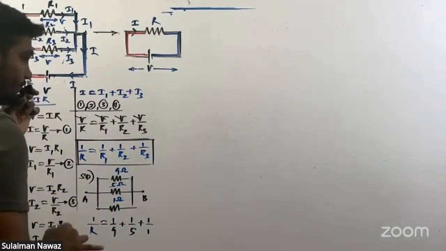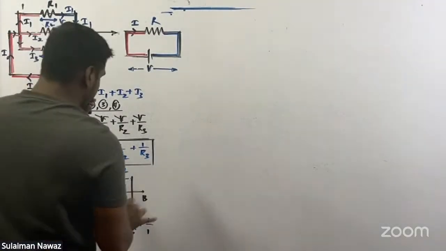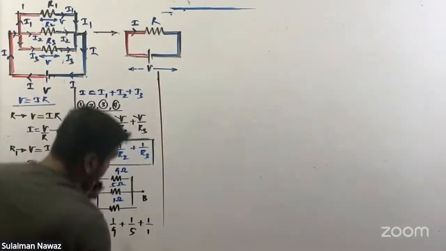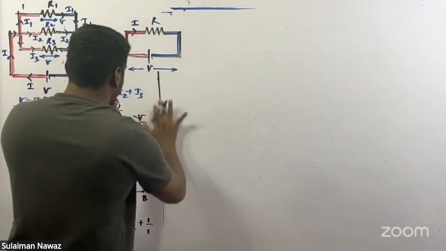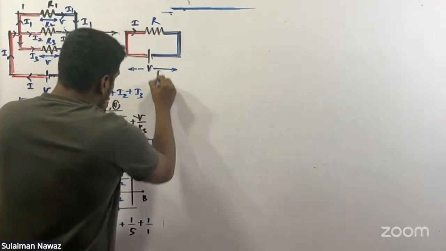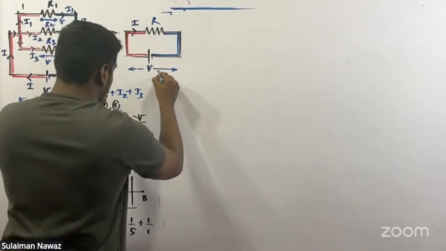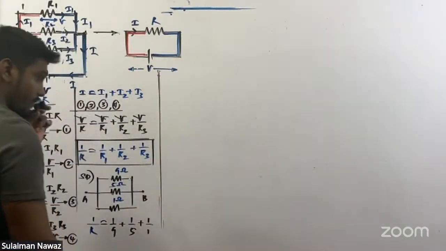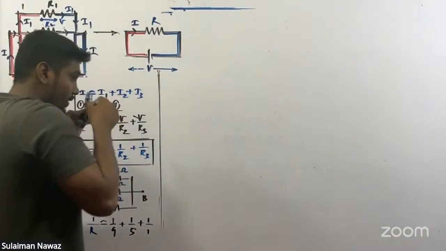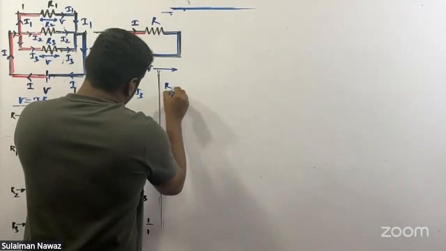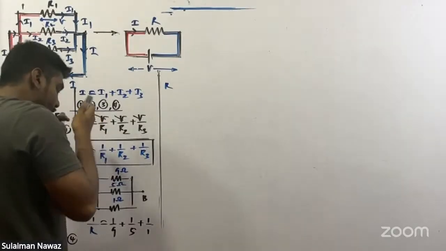Now what can we do? Simplification. So 1 over capital R. Common denominator.